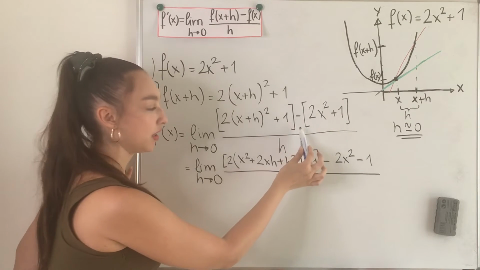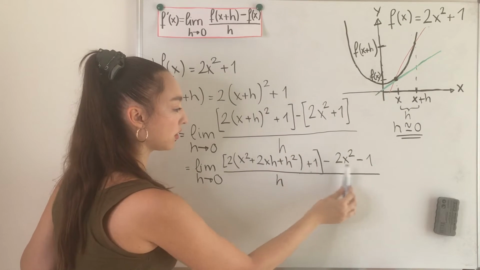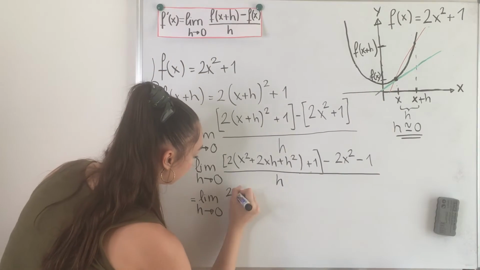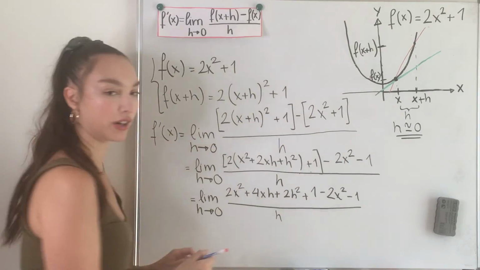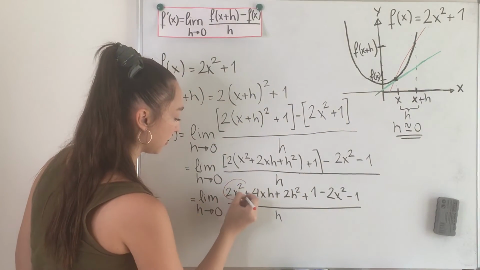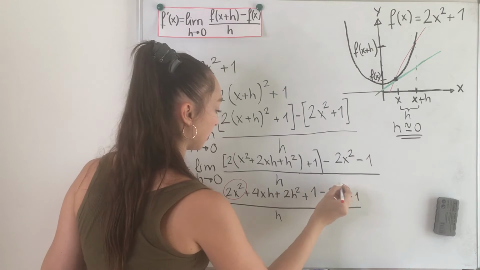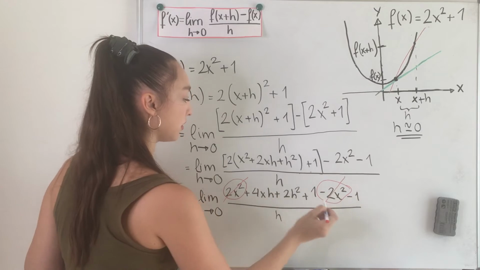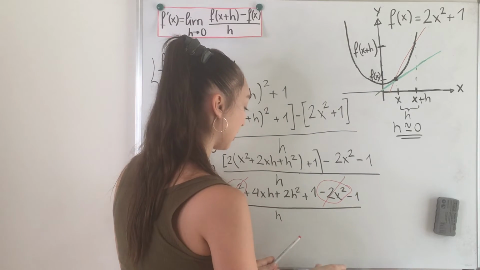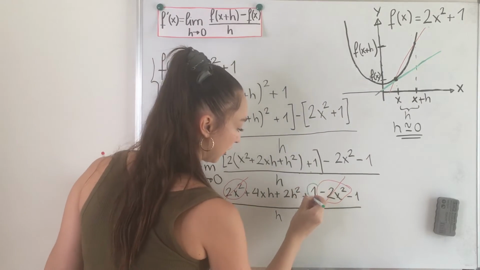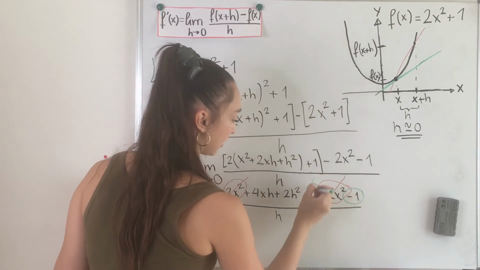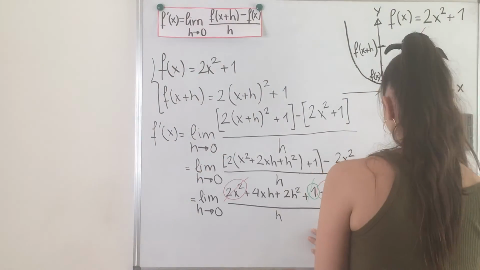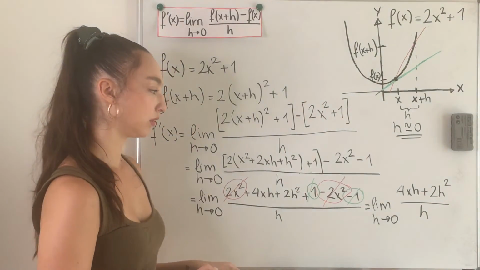Now there's a negative sign, so it affects both terms. So it's minus 2x squared minus 1. Okay, now this and this is the same thing, positive and negative, so this and this would cancel. And the same goes for this and this. They would cancel as well, so we're left with that.